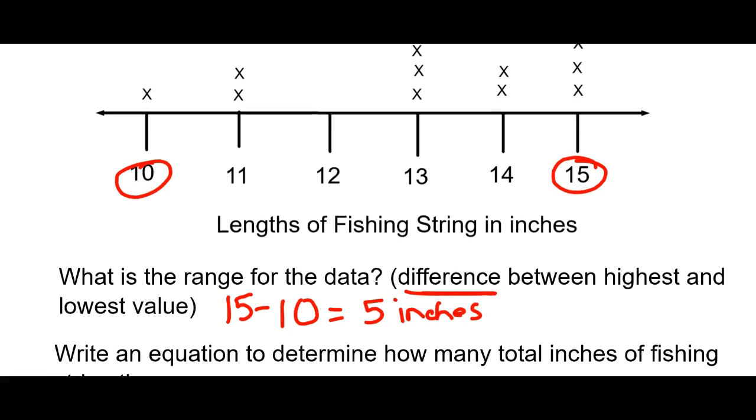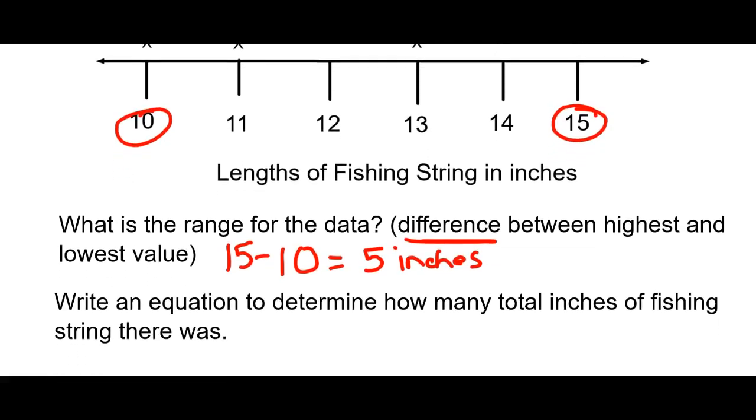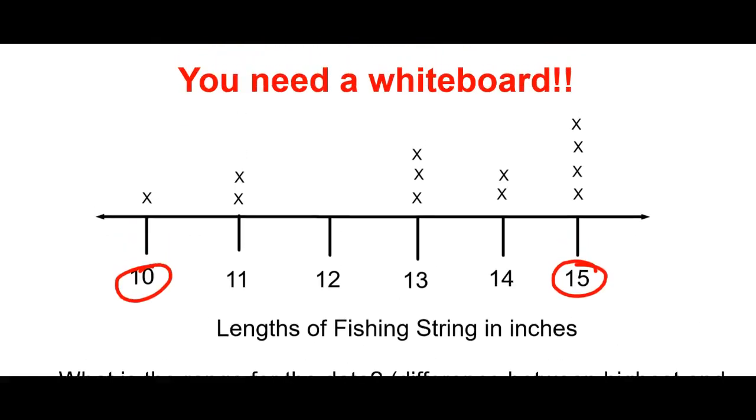The other thing that we can do is figure out the total amount of fishing string that there was by writing an equation. Coming back up here, I'm going to do all of this up here at the top because I don't want to have to scroll back and forth.